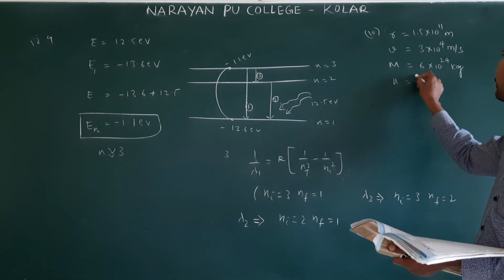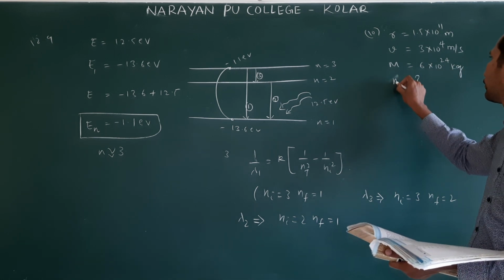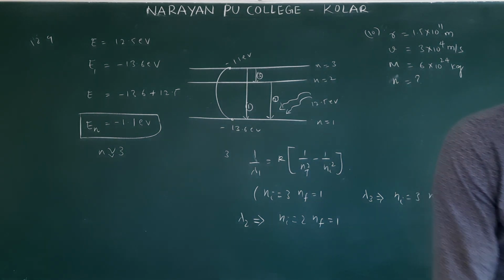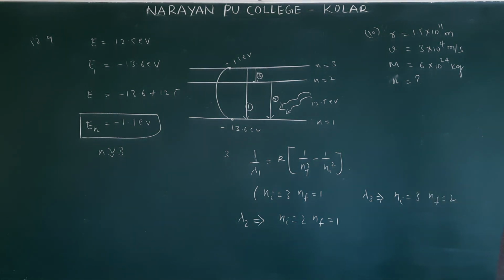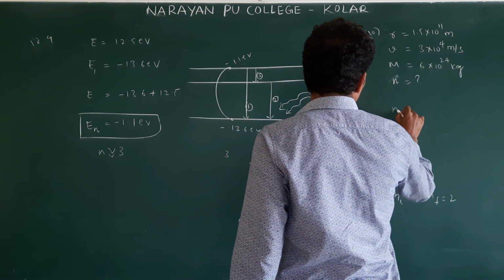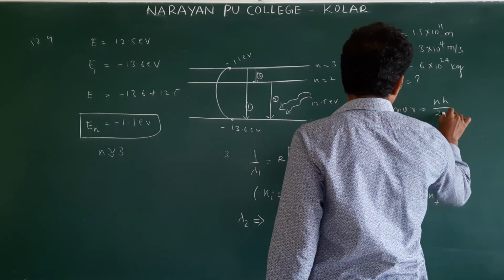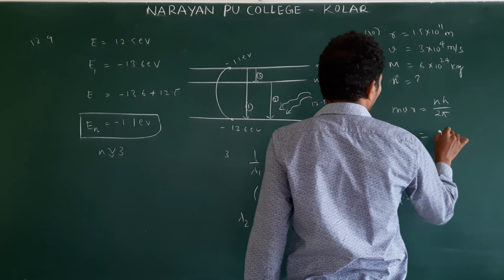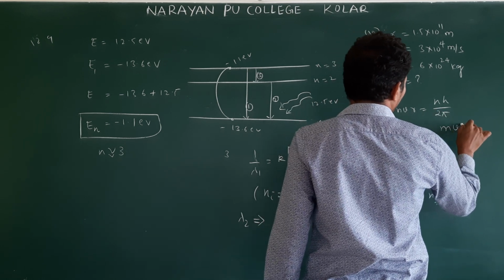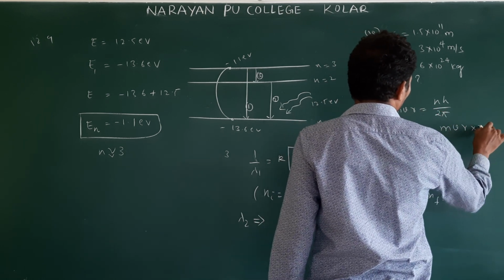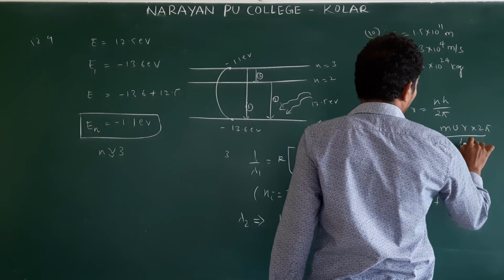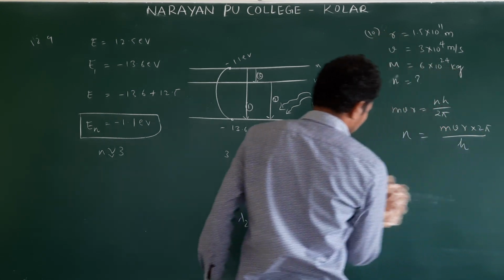They are asking n. Follow which postulate? Follow the second postulate. What is that? mvr is equal to nh by 2 pi. So n is equal to mvr into 2 pi by h. Clear?